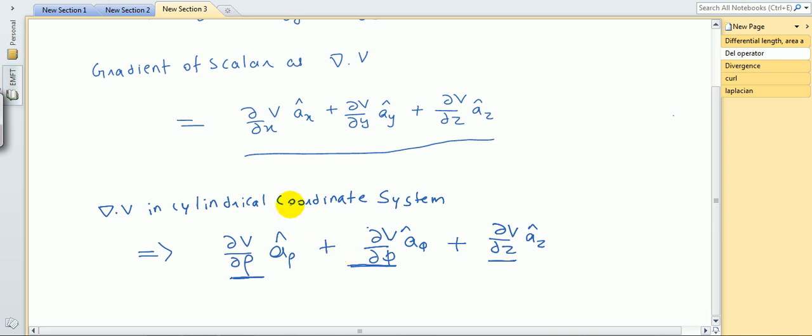So we need to multiply by a length, so we use 1 by rho here.